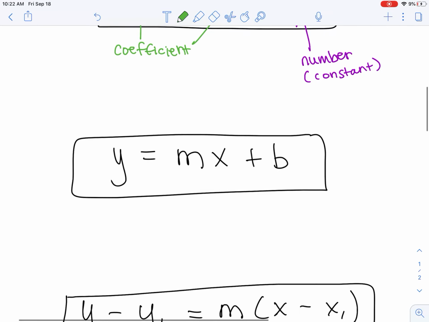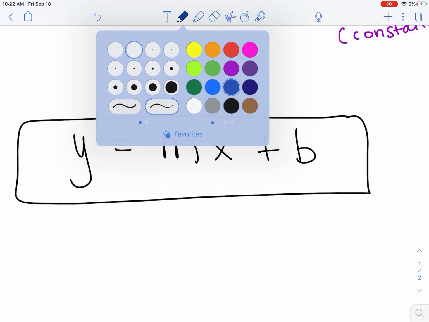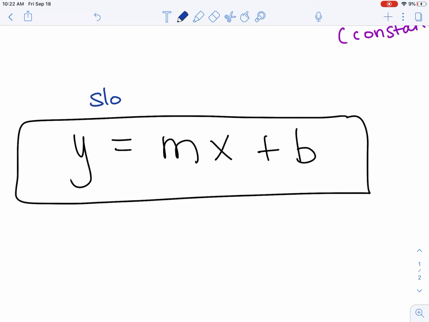Another type of linear equation, this one is probably the one that you like to use the most, is slope-intercept form. And anytime we hear that word form, we know when it's in this form, there is readily available information to us.